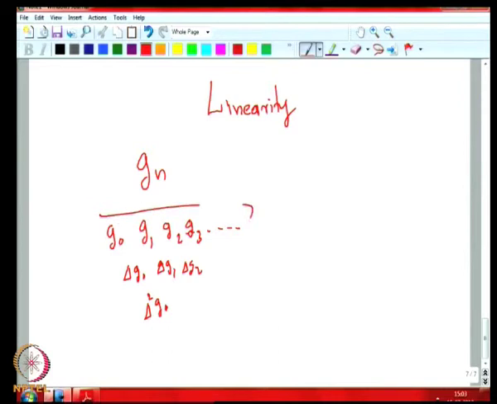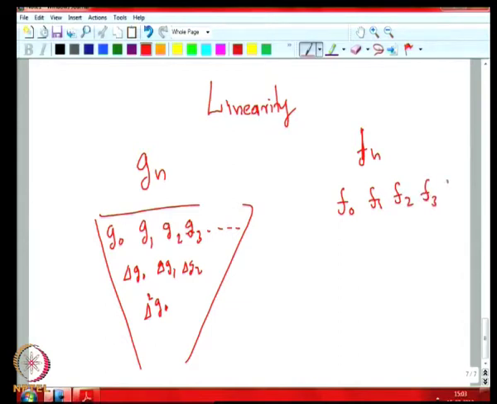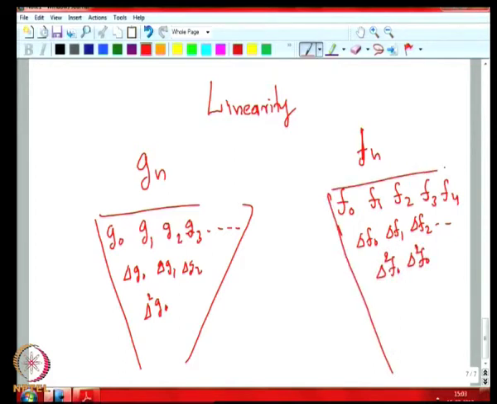So this will be the difference table corresponding to Gn. Similarly, we will have one difference table for Fn: F0, F1, F2, F3, F4 and so on. This will be delta of F0, delta of F1, delta of F2 and so on, then delta square of F0, and so on. This is the difference table corresponding to Fn.